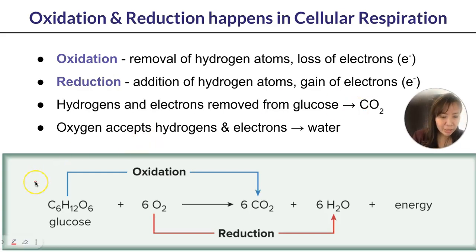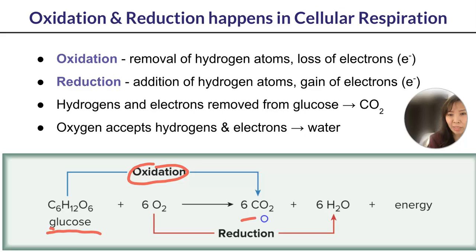You can see in this reaction we have glucose, C6H12O6, and as we oxidize it down to carbon dioxide, we lose hydrogen atoms, and along with them the electrons that go with the hydrogen atoms.